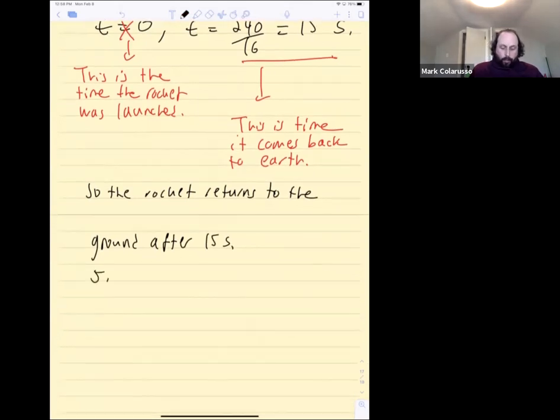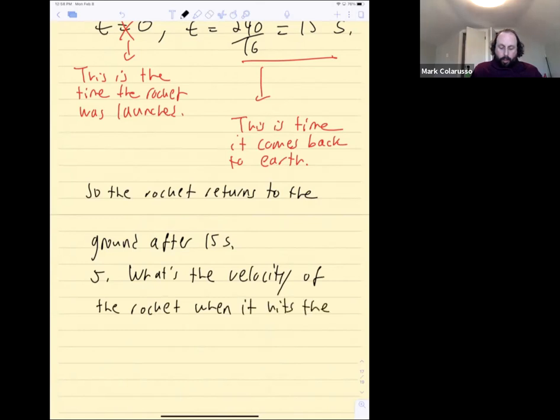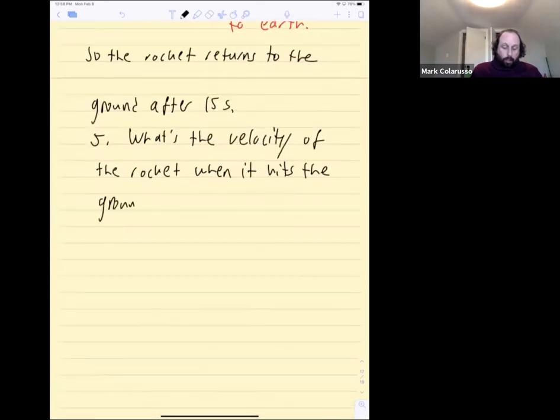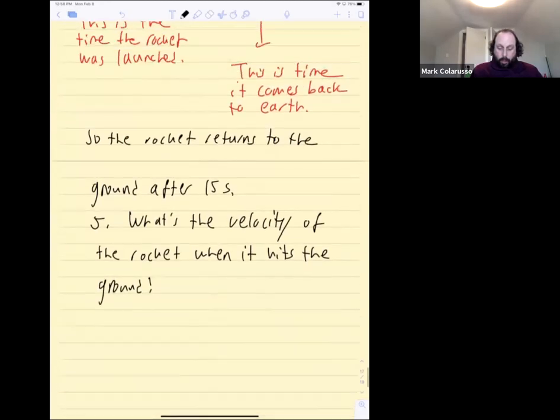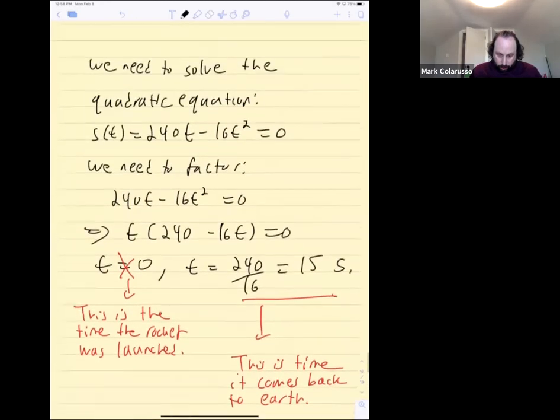And what's the velocity of the rocket when it hits the ground? So we have the velocity function.